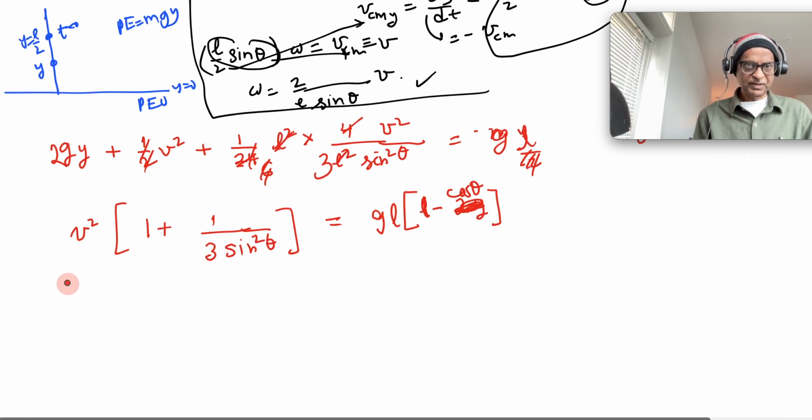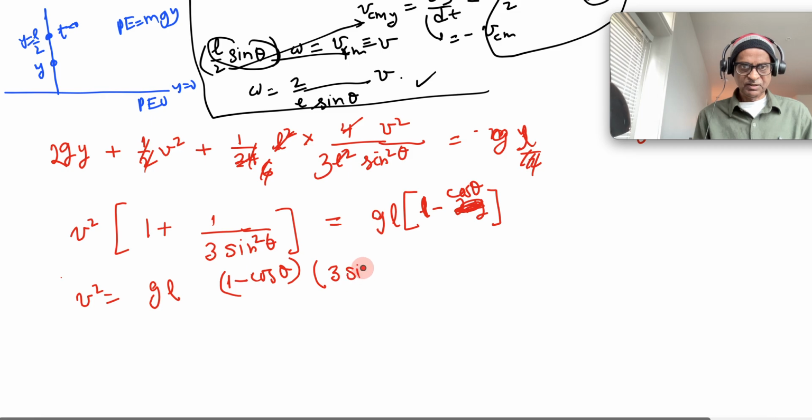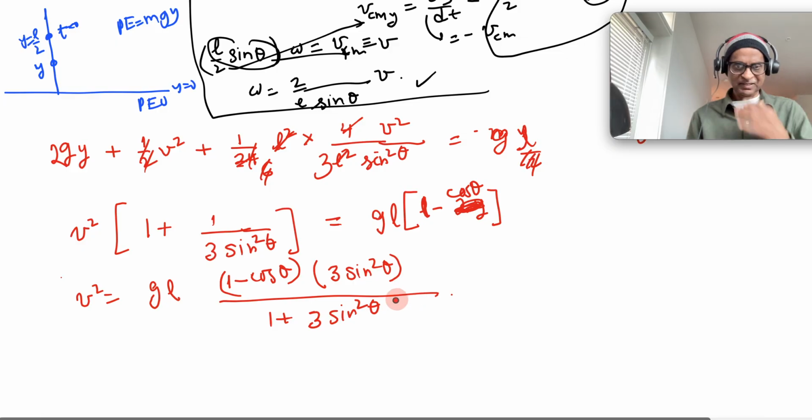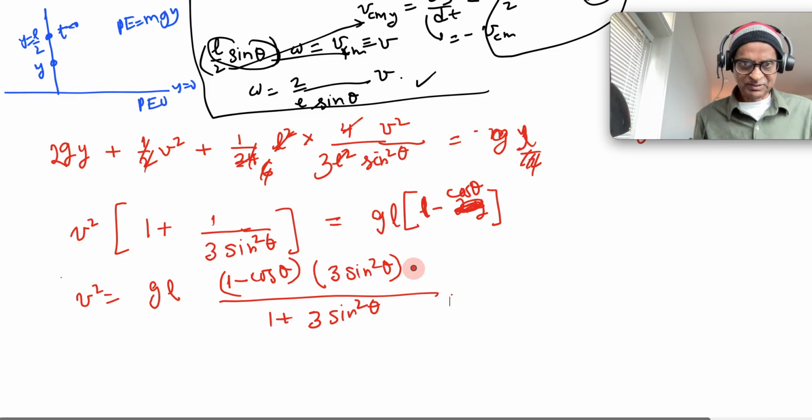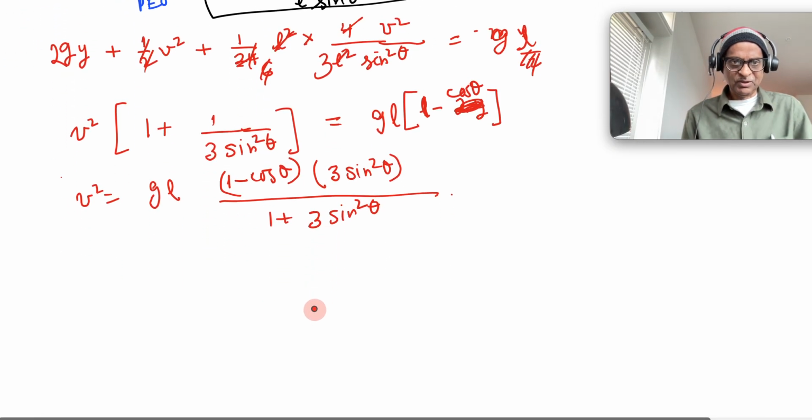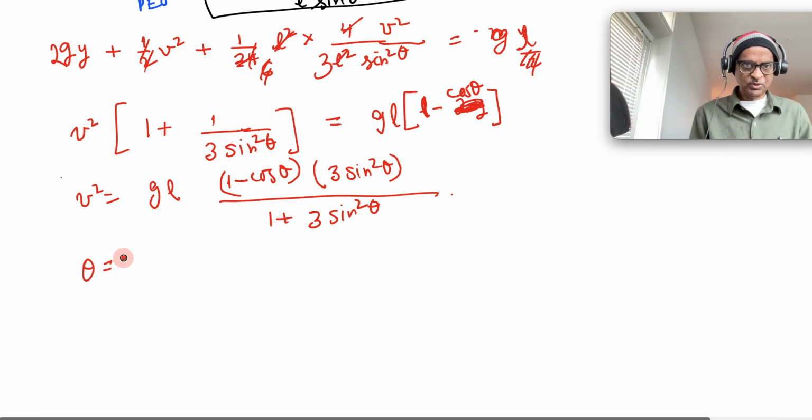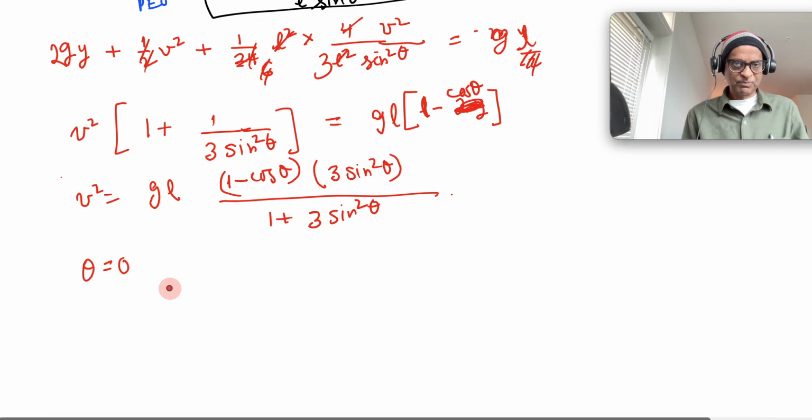So let's see, v squared equals gL times 1 minus cosine theta times 3 over 1 plus 3 sine squared theta. Let's make sure. For theta equals 0, it gives me v squared equal to 0.